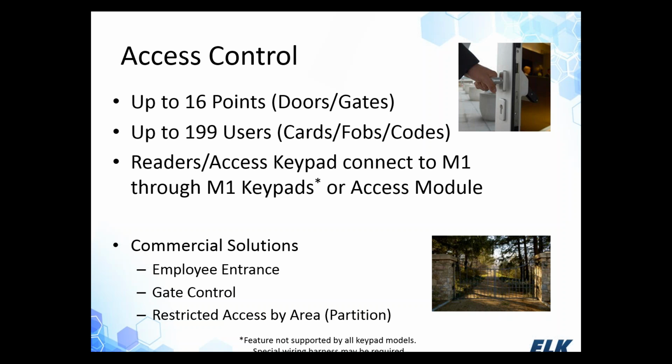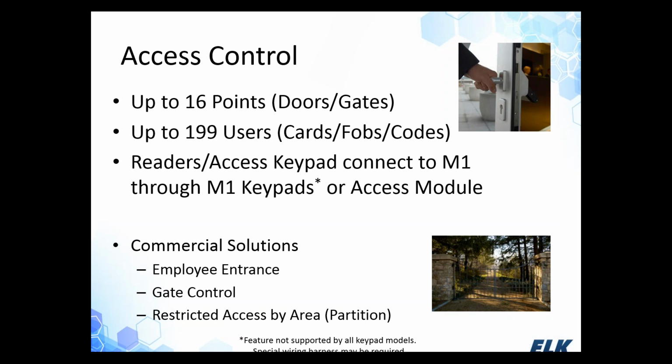And a little note here at the bottom, it says not all keypads support this. There's a special wiring harness. Basically it's the M1 KP and KP2 keypads, KP3 keypad that allows you to have a prox reader connected, or it could be one of the numeric keypad prox readers that outputs a 26-bit Wiegand format.